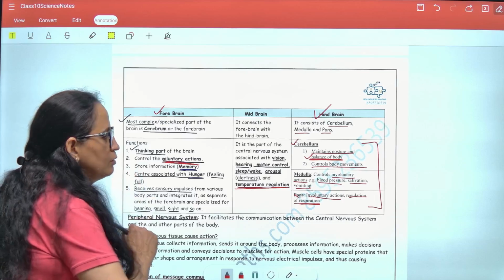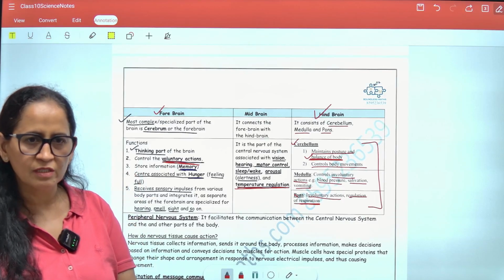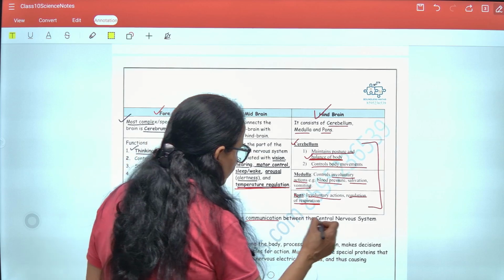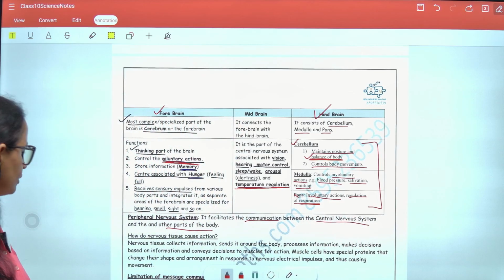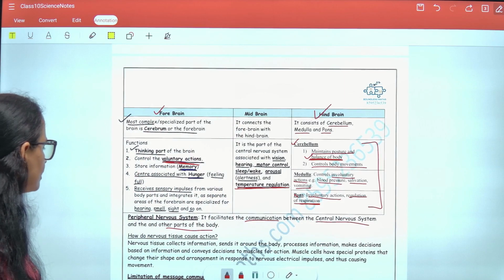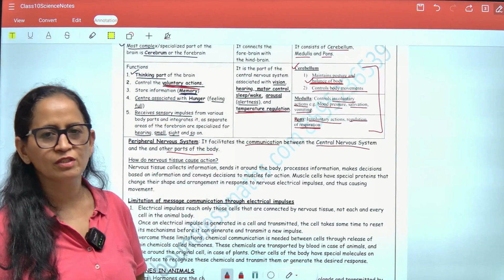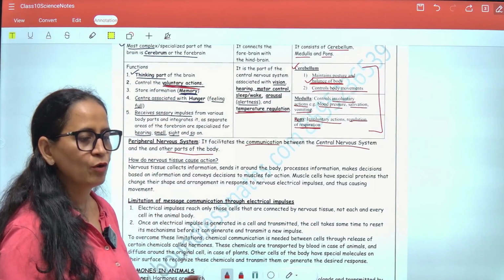Now we have already spoken about peripheral nervous system, how it works, how the neurons convey signals. So how the communication happens between the central nervous system and other parts of the body, it is through the neurons or the nerve cells. And we have also seen what are the limitations of the communication that is happening through the nervous system. First is, nervous system does not have nerves in all parts of the body.